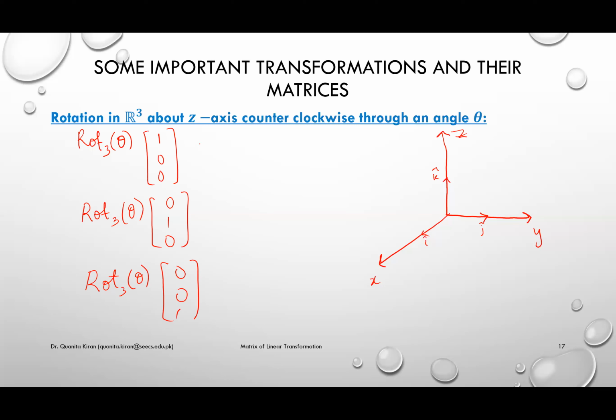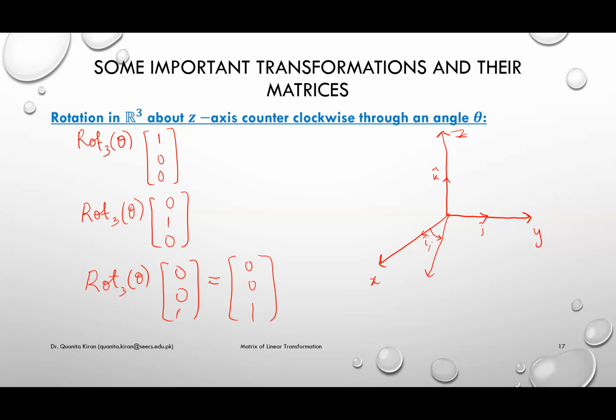Since the rotation is about the z-axis, everything that is on the z-axis will remain the same. So the z components will not change, and the vector along the z-axis will also not change. So this vector remains the same. Now the angle of rotation is theta, and it is counterclockwise.